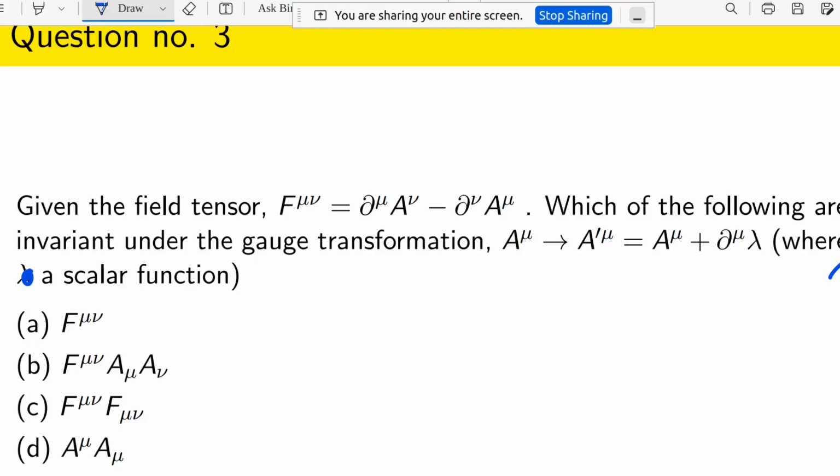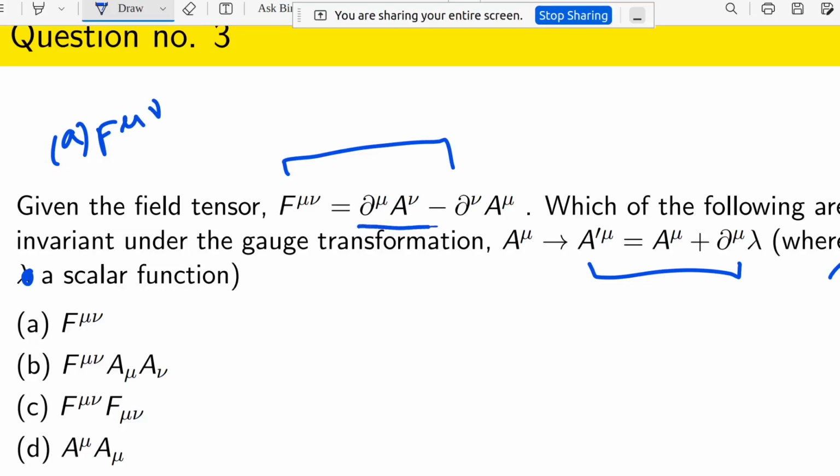So now this is the field tensor and this is the gauge transformation. Which one will be invariant under gauge transformation? Let's say I am talking about A. F is what? F mu nu is obviously this one, but what will be if I write it like that?